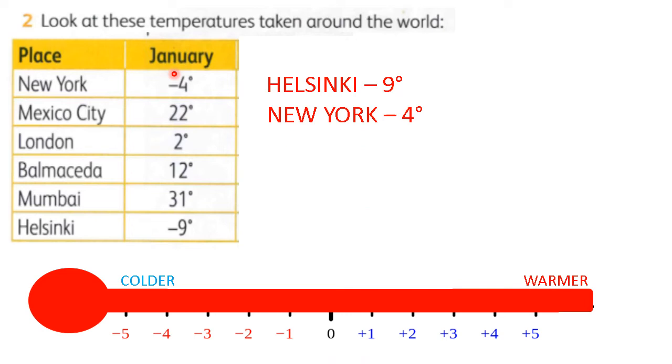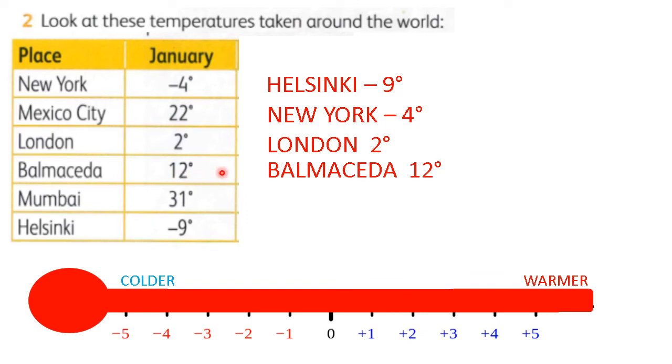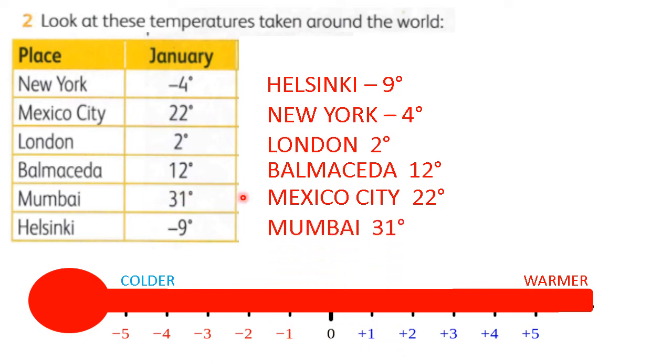They are the only two temperatures that are negative. Then, as we go through positive numbers, 2 degrees is next, 12 degrees is next in Balmaceda, Mexico 22 degrees, and Mumbai 31 degrees.